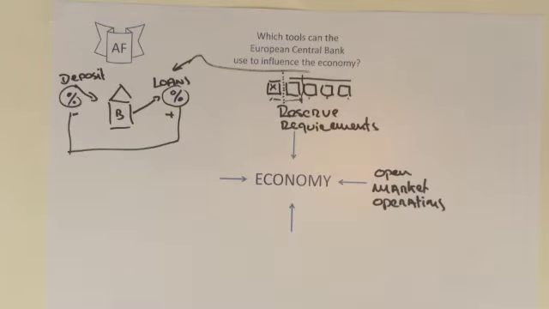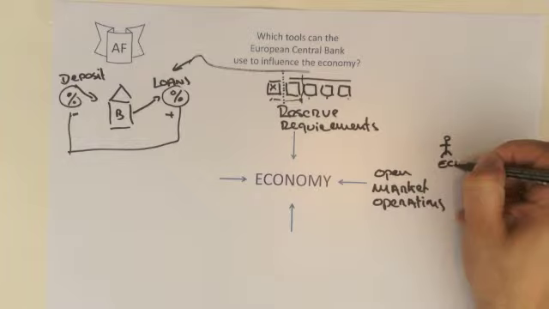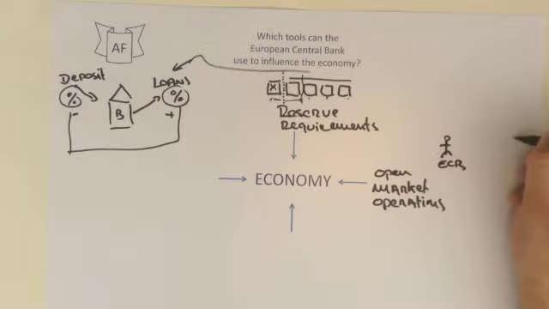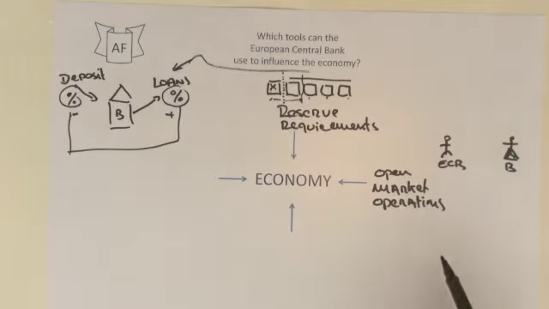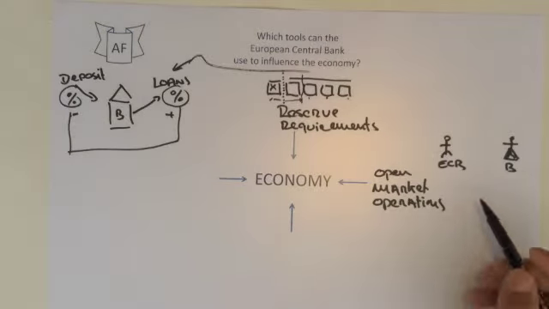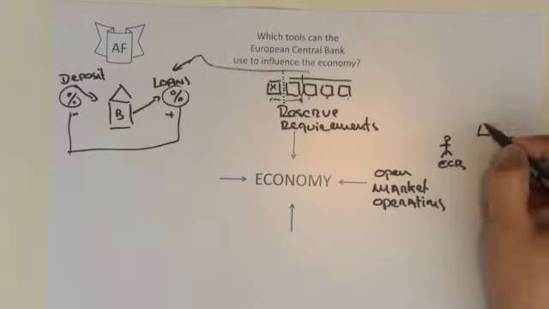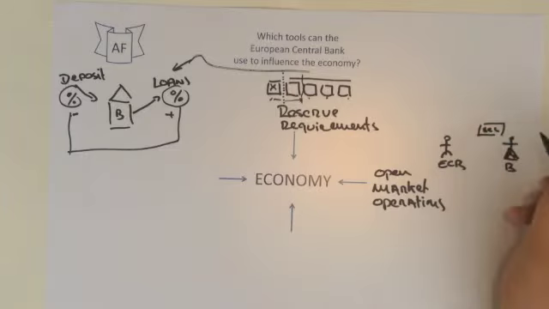Open market operations is simply the European Central Bank, so I'll draw a little man here, which is going to be the ECB, and another one here, we can make a little lady here, which is the bank. And open market operations is the European Central Bank going on the markets in order to purchase what's most of the time called government securities. So this is a little box, which is a security.